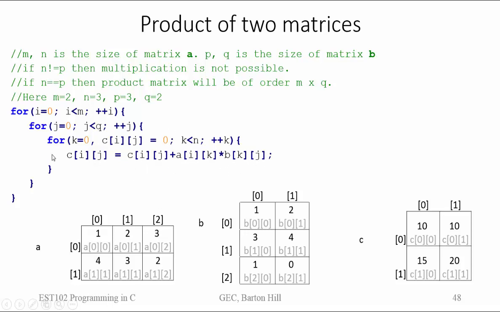Once these iterations of k are completed, we will get the sum of products of elements of row 0 of matrix A with those of column 0 of matrix B. This is the equation that we will use to find the product matrix. Okay, I will just go through the code.